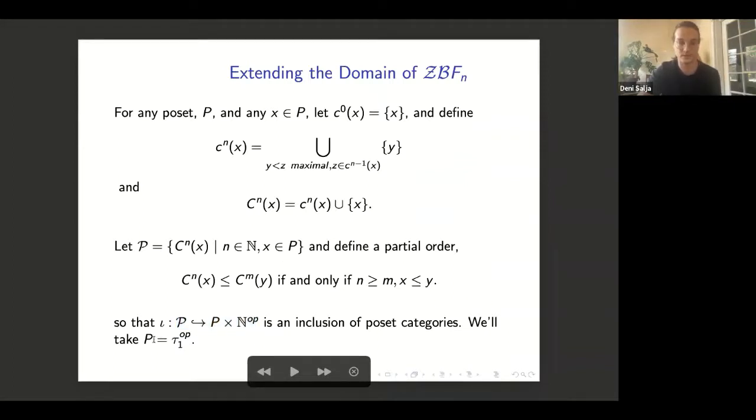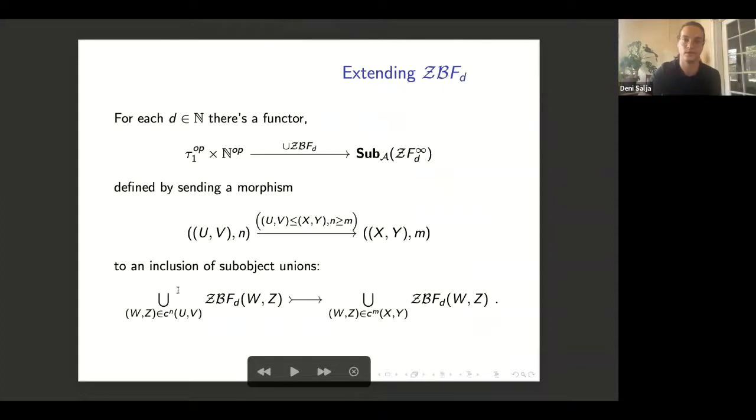And we care about when P is the arrow category of that open lattice. So for that case, you can extend the birth-death subobject functor using subobject unions by taking a pair of open sets U containing V and a natural number N and mapping it to the union of all of the birth-death subobjects for the things in the nth step backwards.